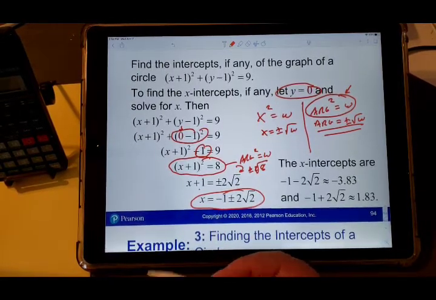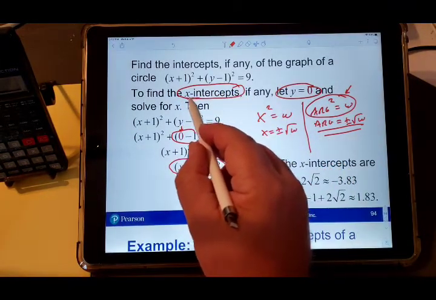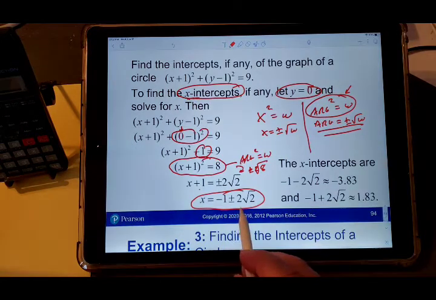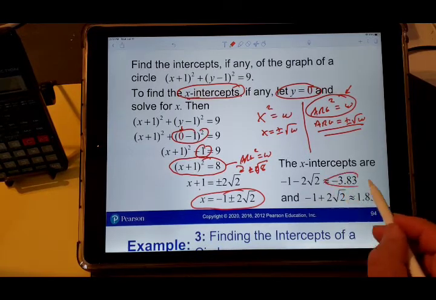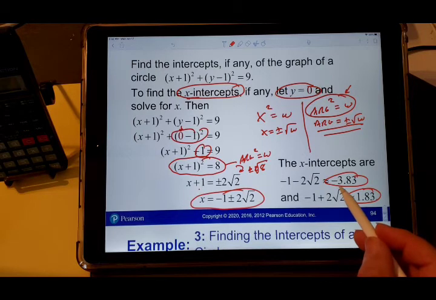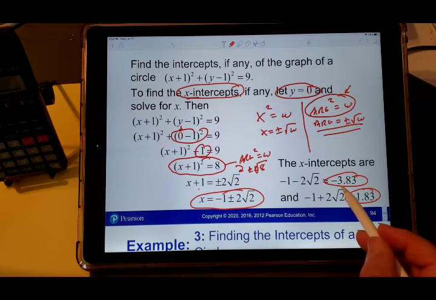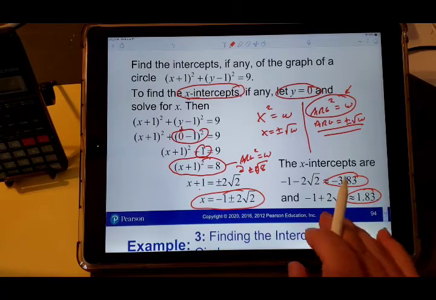And remember how the book works. If the letter X is in the name, the author's not going to write it as an ordered pair. The author's just going to write it as the numbers. So we have a little more information here. The intercepts are approximately -3.83 and +1.83.